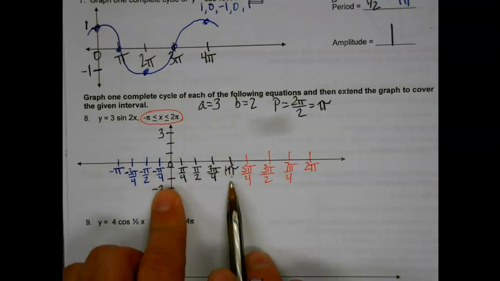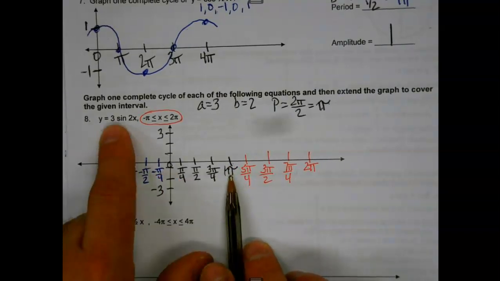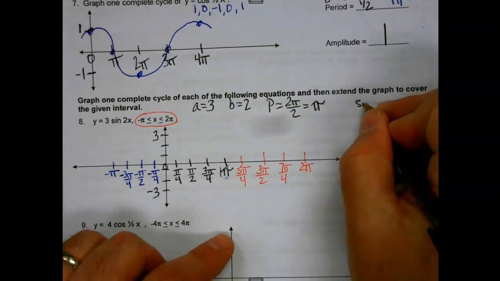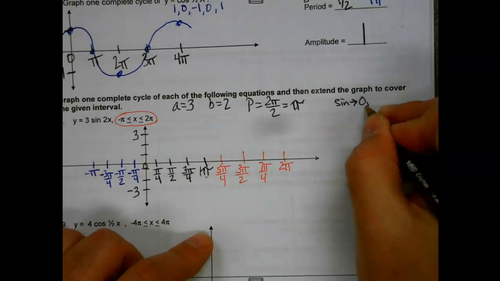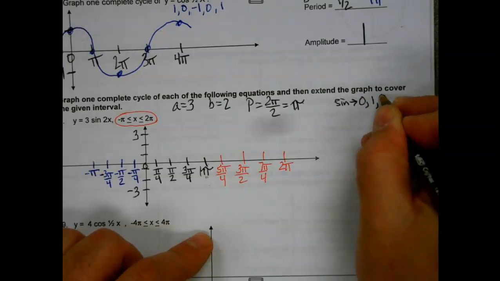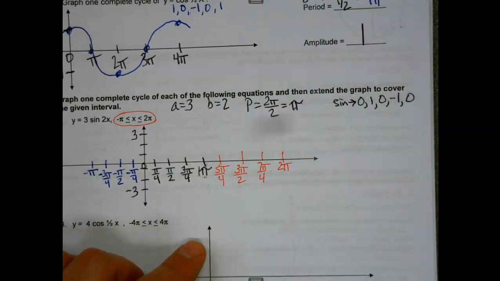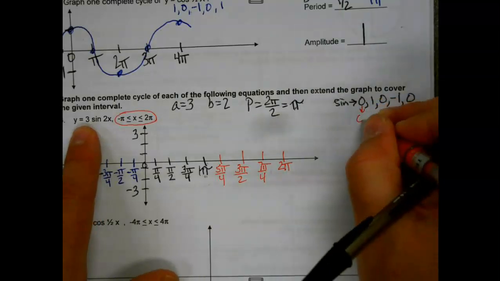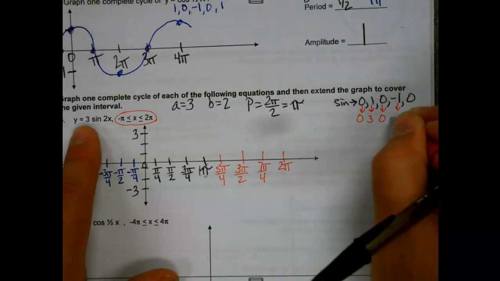Once we have this, we're just going to follow the pattern. We're back to sine again. Remember, originally our sine starts at 0, then goes up, back to 0, down, and back again. But we have an amplitude value this time, so all of those are going to get multiplied by 3.